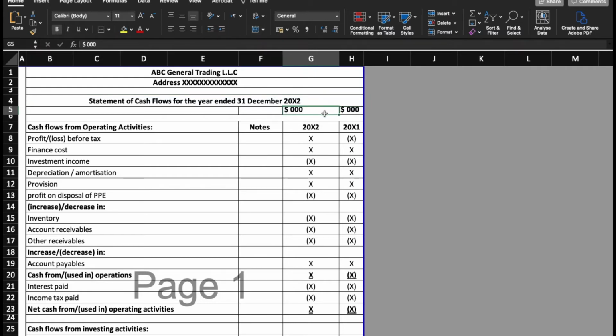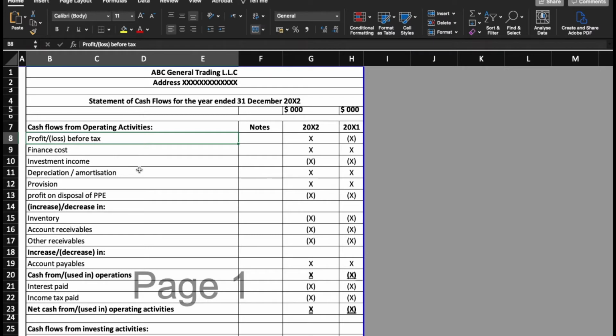Here I have dollars currency. So the format starts with cash flow from operating activities, and then we have notes, then the current reporting year, then we have the comparative year.